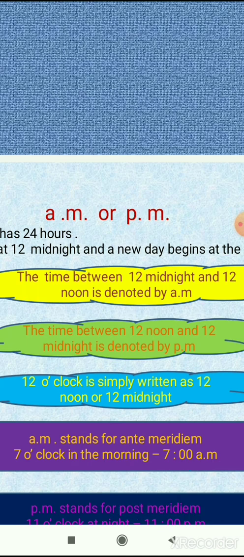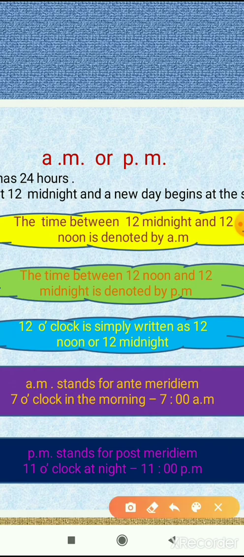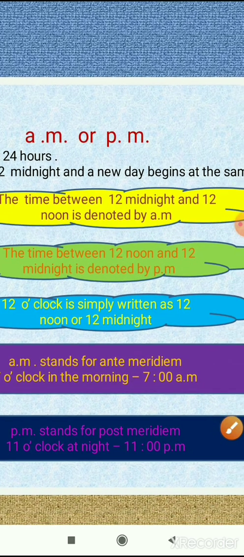And next, what do we learn? The time between 12 noon and 12 midnight is denoted by PM. So what does PM mean? PM stands for post meridian. Listen, understand and remember: AM stands for anti meridian and PM stands for post meridian.